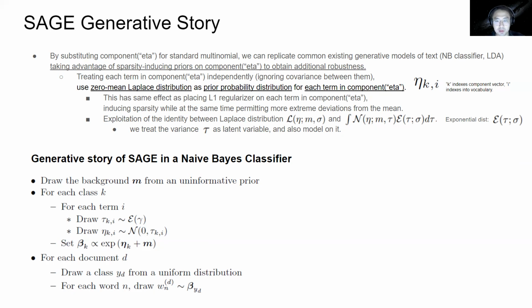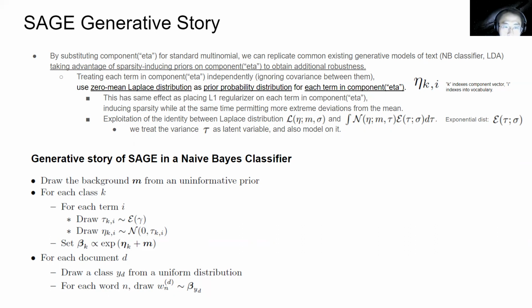The normal distribution's variance will be controlled by the exponential distribution, which permits extreme deviations from the mean by controlling the parameter of the exponential distribution.